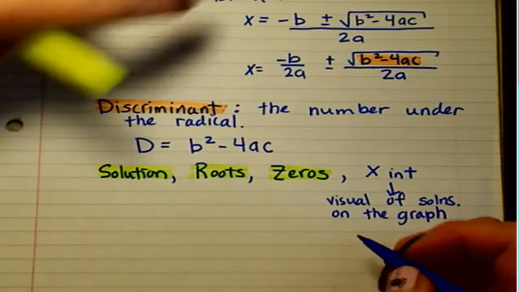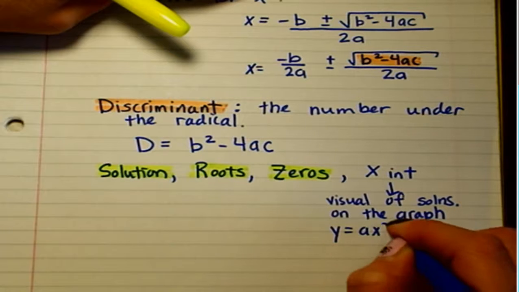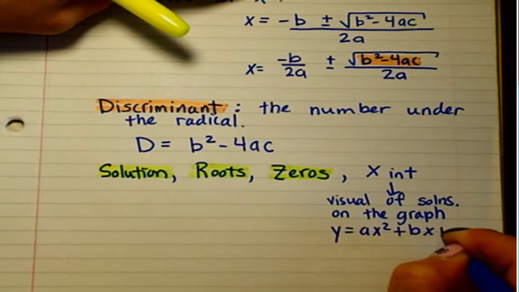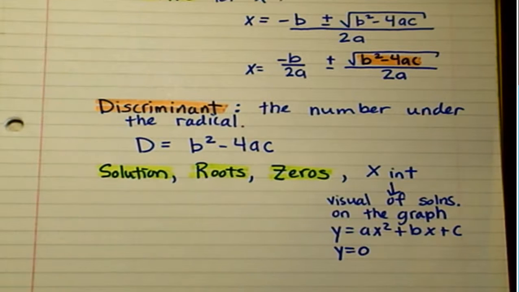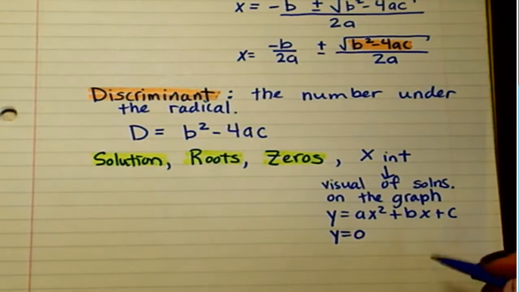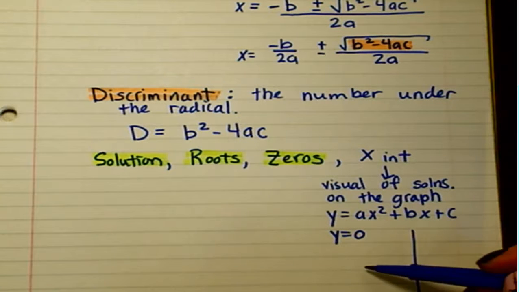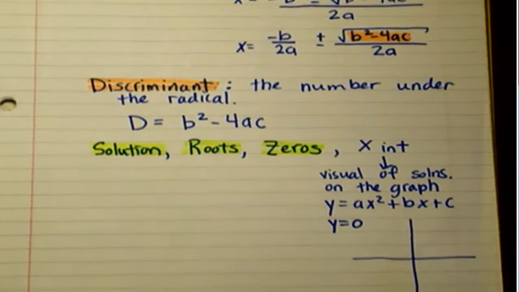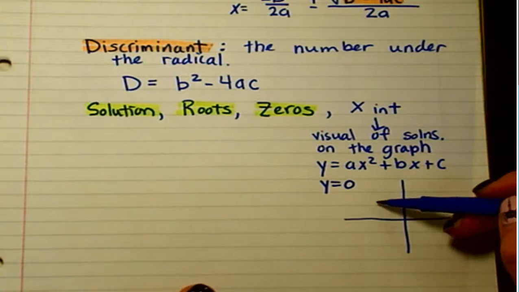Okay, well, notice up here where we had standard form and the other side was 0. That means that on an axis, there's no labels here, no labels, just axes. I'm going to draw a parabola, which is a U shape.